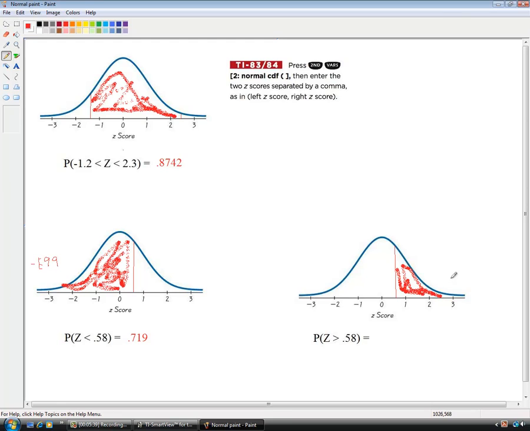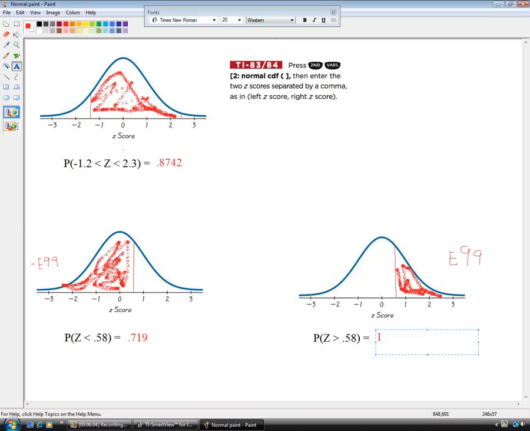And now if we're using the calculator, we can give it positive E99. Or we can note in this case, and I'll do it in the calculator either way, that this is the complement of this, so 1 minus 0.719 would work. So let's do that.